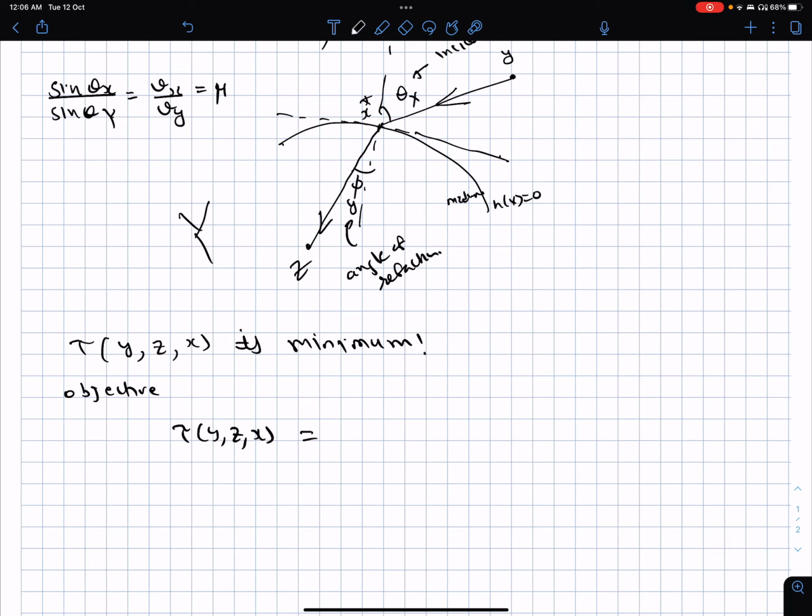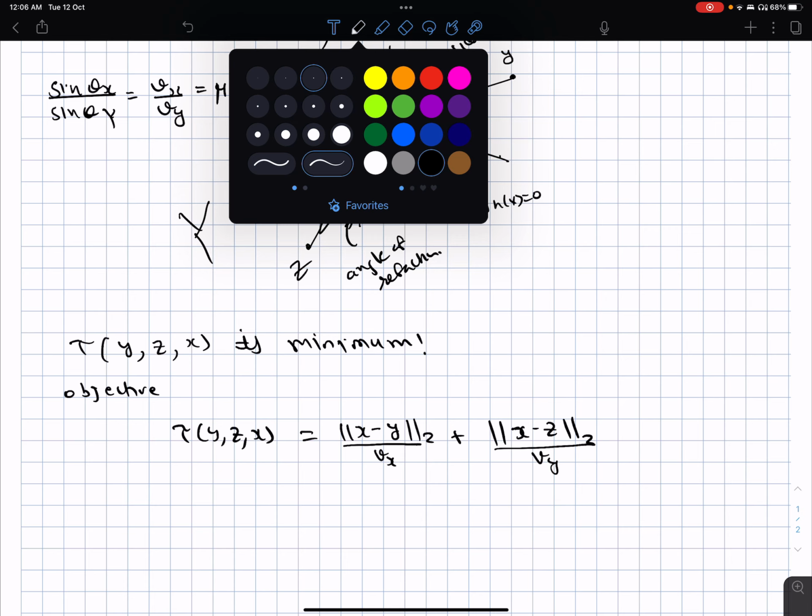The travel time is the distance from y to x, which I'll write as norm of x minus y, the Euclidean distance, divided by the velocity in the medium, which is Vx, plus norm of x minus z, the distance of this segment, divided by the velocity Vy. So first we took the distance of this segment and divided it by this velocity, then we took the distance of this segment and divided it by the velocity Vy.